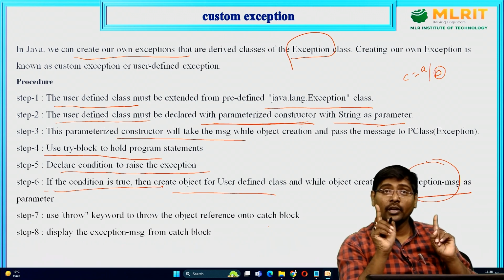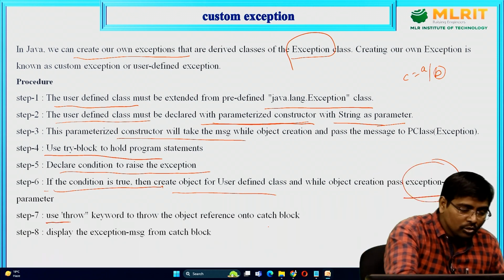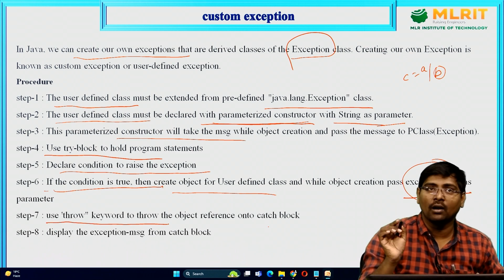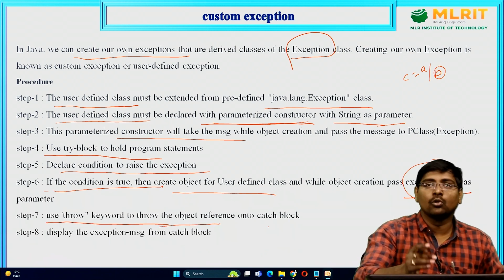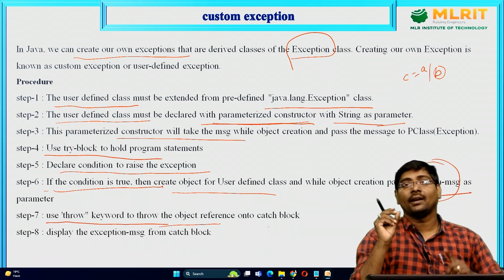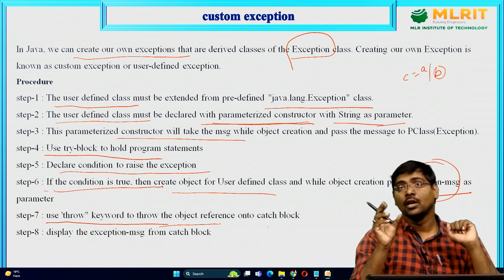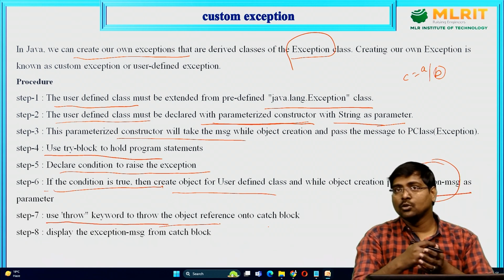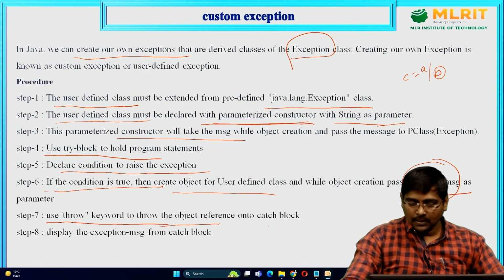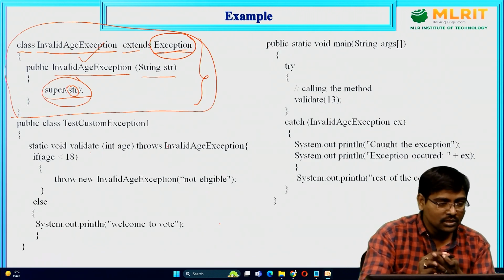Finally, what you need to do? By using the throw keyword, you need to throw that particular object. Already in the previous session I said, generally throw is used to throw an exception explicitly. Now see this one.